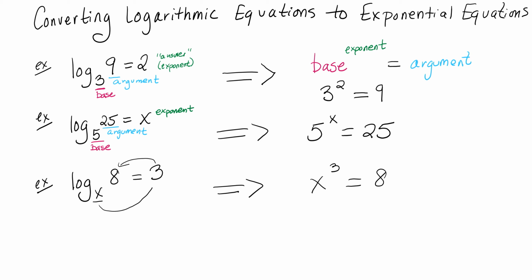So you're doing the same thing converting back and forth. You're starting with the base always, going around. That's going to be your exponent in this case, and then it's going to equal that 8. Okay, and we could certainly sit here and try to figure out what x is. What would I need raised to the 3rd power? It would be 2. But again, this problem is just asking us to convert, and so that's it.